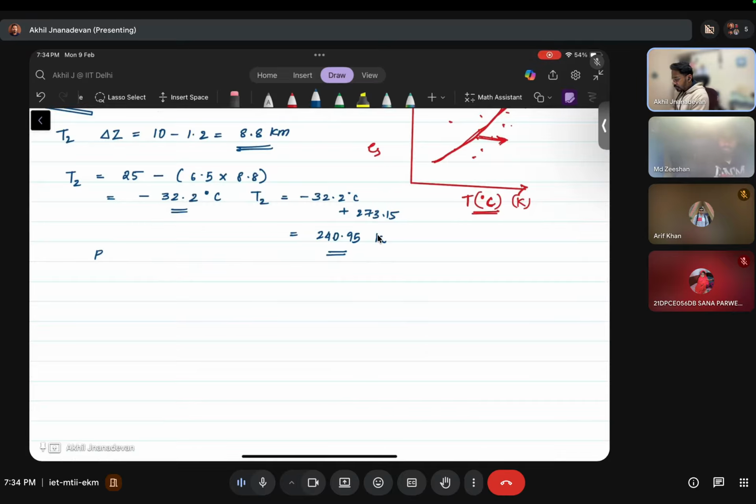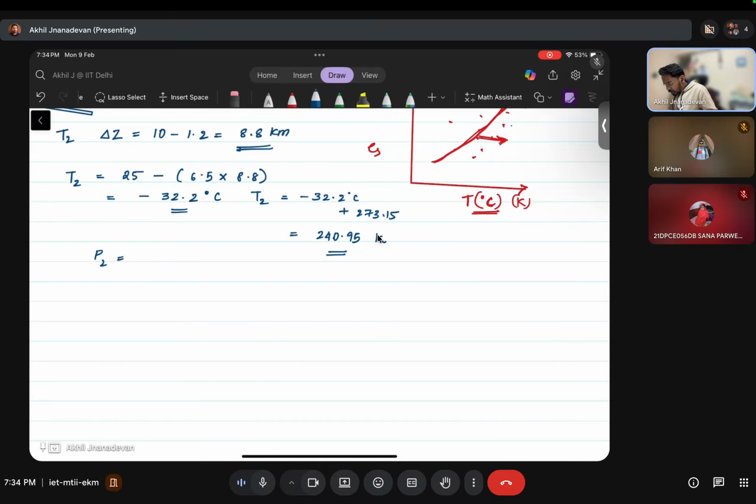For pressure P2, we have the equation P2 is equal to P1 into T2 by T1 raised to a constant term. The constant term is a function of R, the gas constant, g and alpha. If you calculate this exponent, it comes around 5.26.